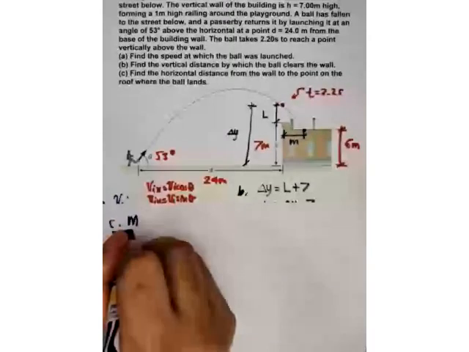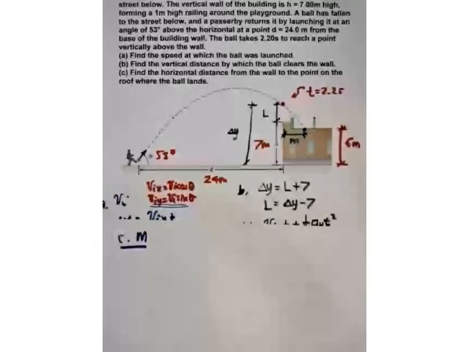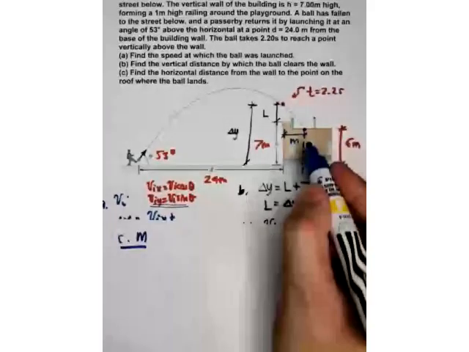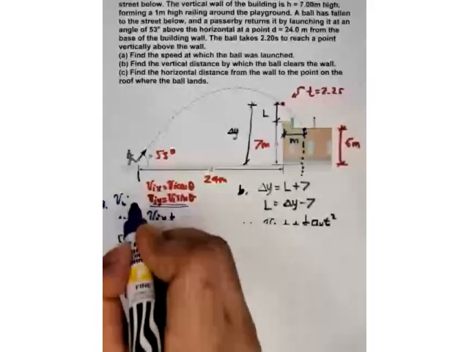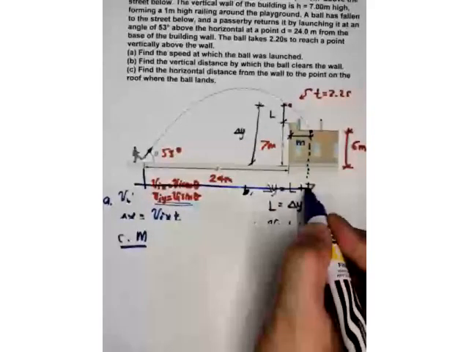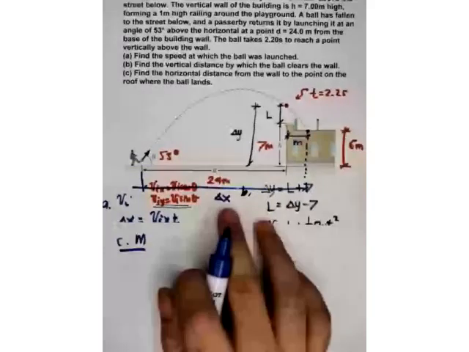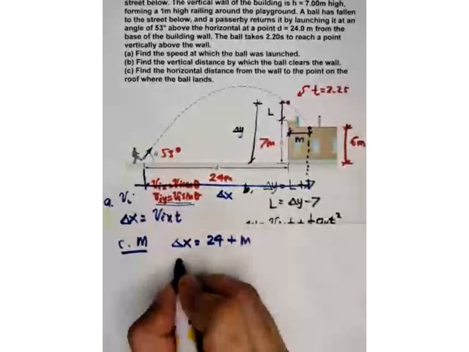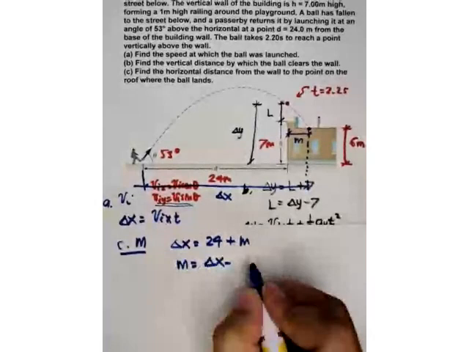Since M has something to do with the horizontal distance, this is still part of the trajectory. So from that point, this is the delta X. If we relate delta X to M and this 24, that means delta X is equal to 24 plus M. So M is delta X minus 24.